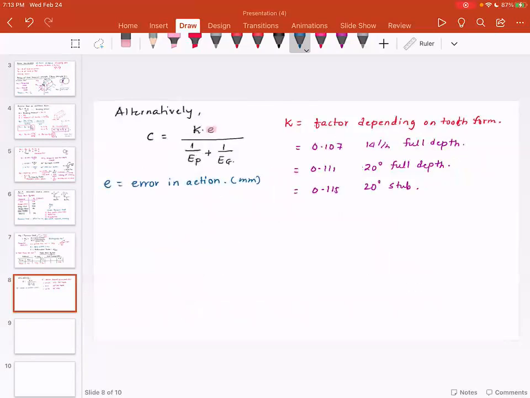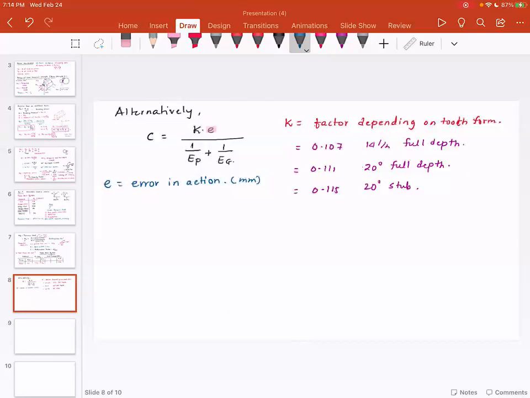So if the gears are rotating at slow speed, then perhaps a higher error in action is okay. If the gears are rotating super fast, then clearly we need to make sure our gear cutter tolerances are very tight. So we can't allow a lot of error in action.